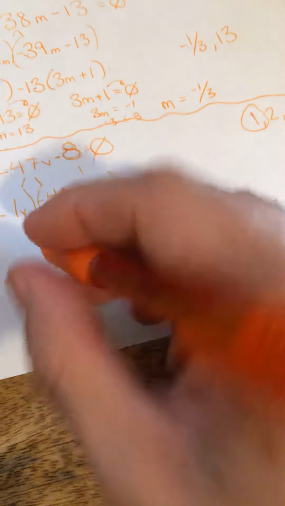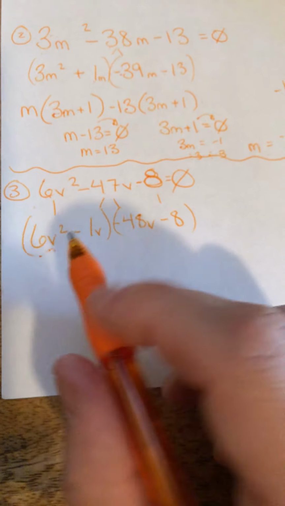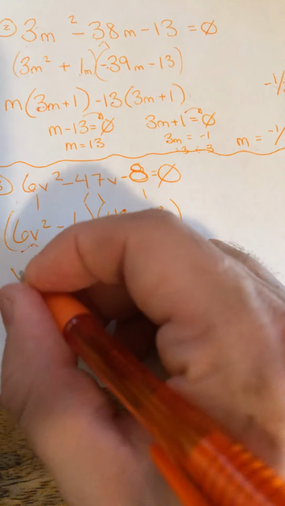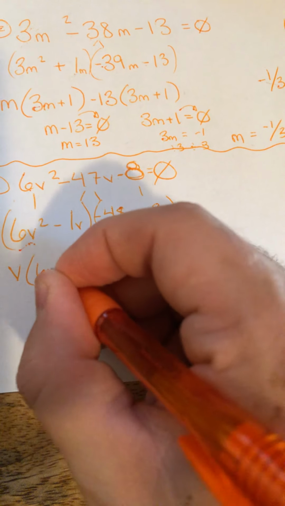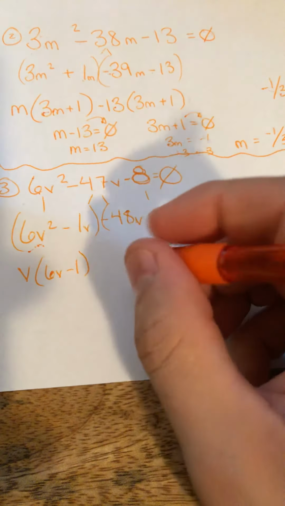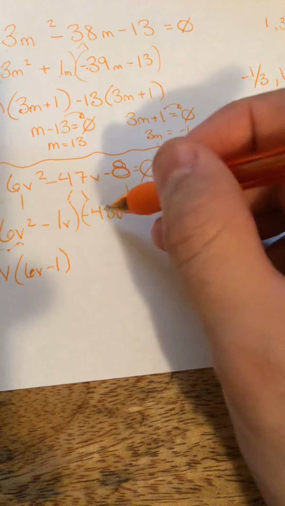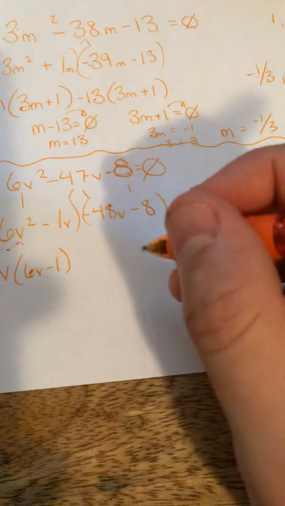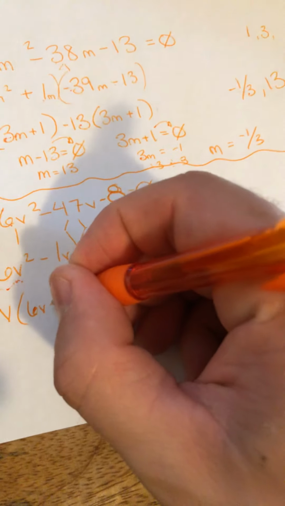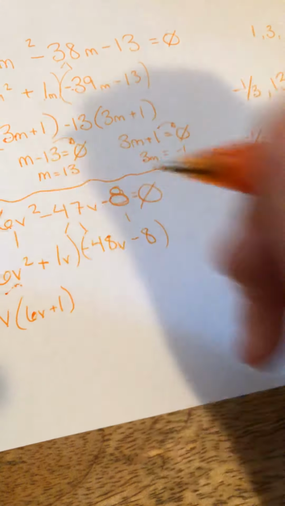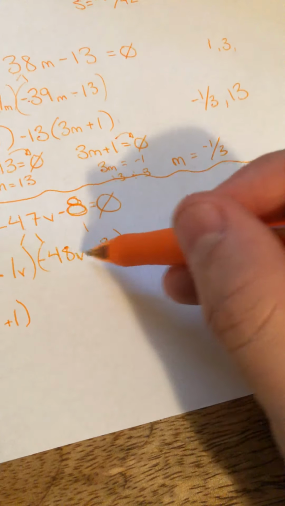And let's see. So we pull out of this one, we only have a v, so a v, we have 6v left over minus 1, and then we have, right here we have a 48 and an 8. Oops, sorry, it's a plus 1, my mistake. We got a 48 and 8.